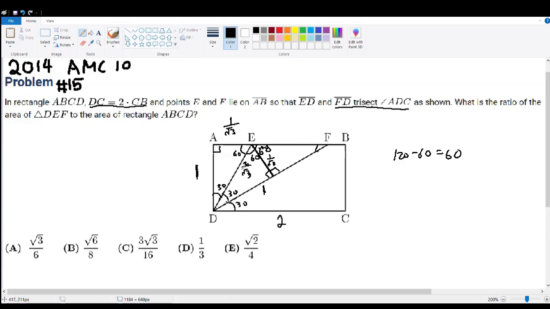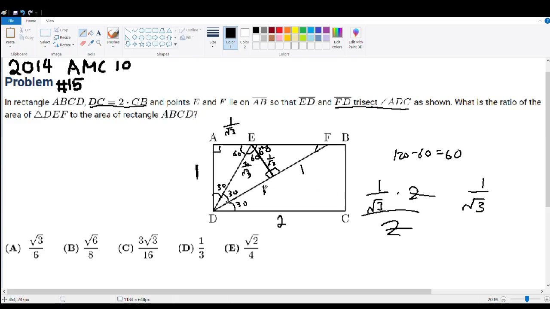So these two are congruent, which means that this whole thing would be 1 over square root of 3 times 2, because this is 1 and this is 1 because these two triangles are congruent, over 2, which means that the whole thing would be 1 over square root of 3.